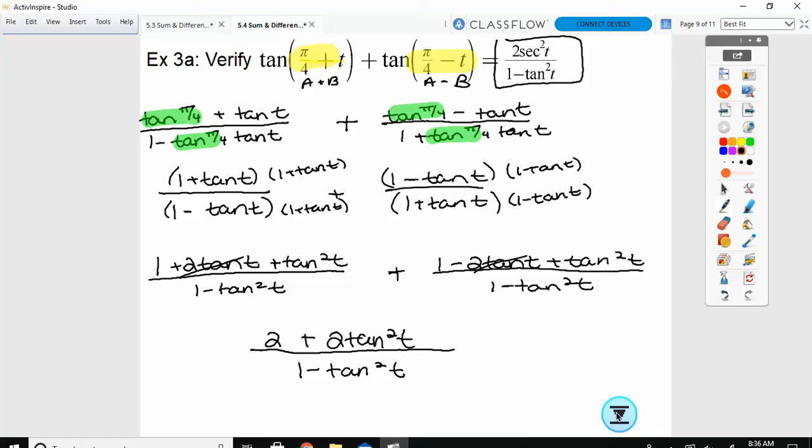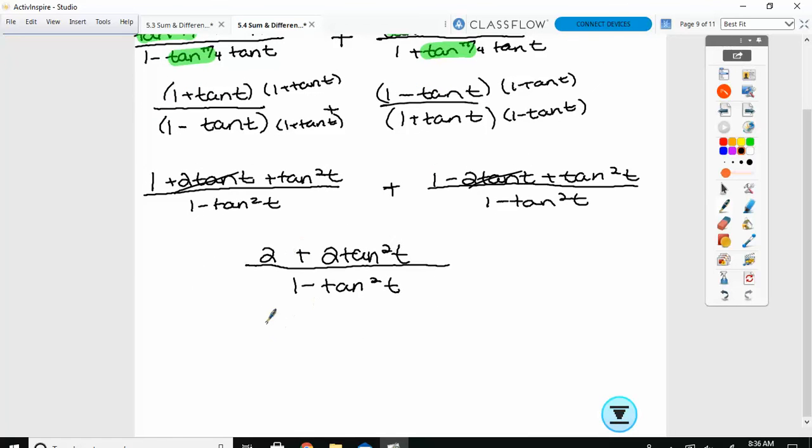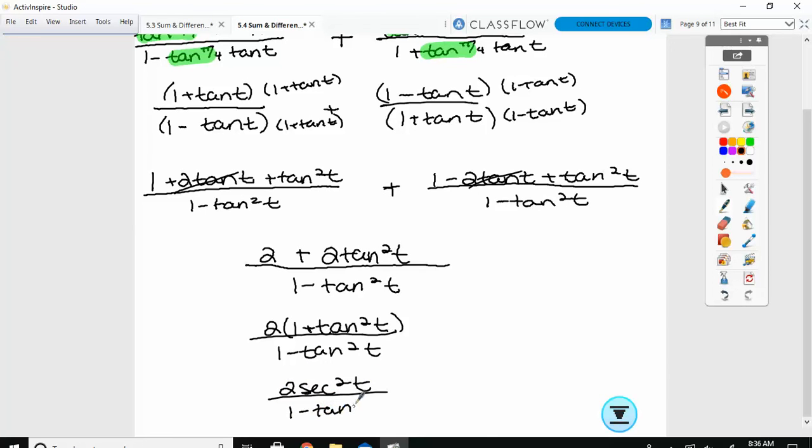So we've got the bottom. On the top we need a 2. We've got a 2. We're trying to get a secant squared. What could you factor out of the top? That's 1 plus tangent squared t. What is 1 plus tangent squared t? Secant squared t. That's one of the Pythagorean identities.